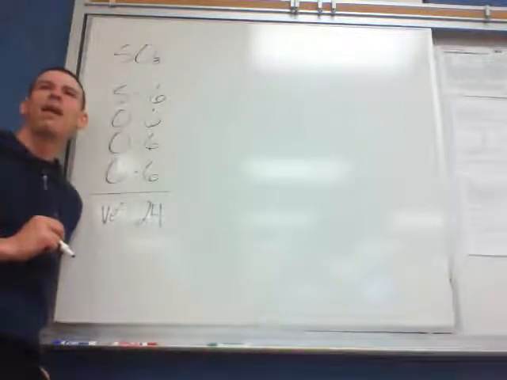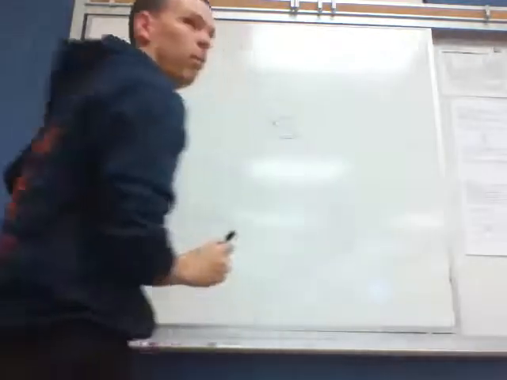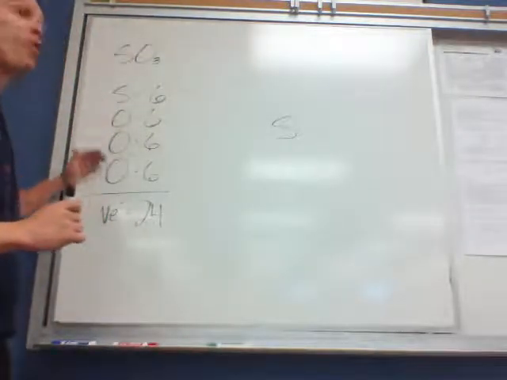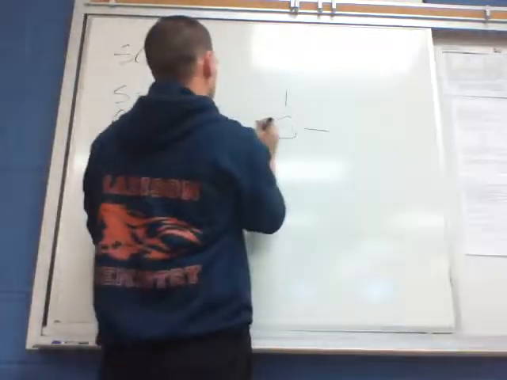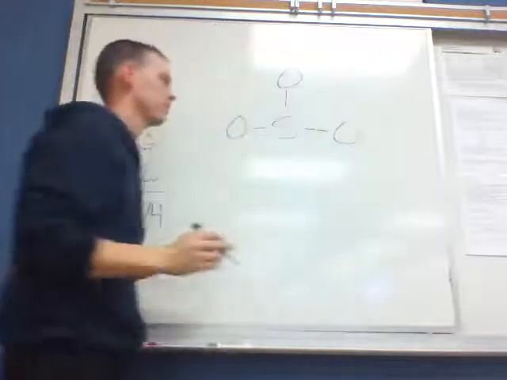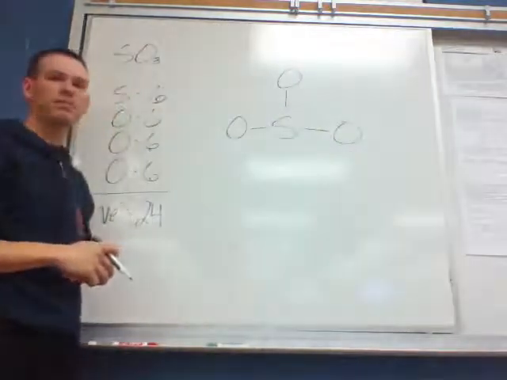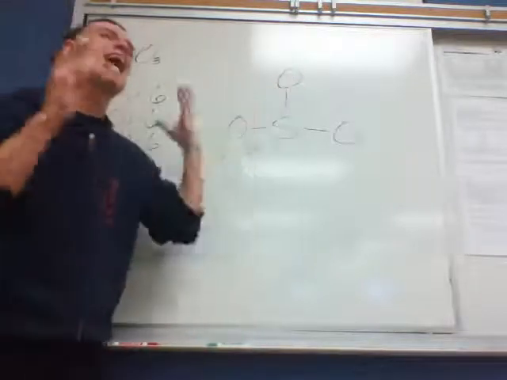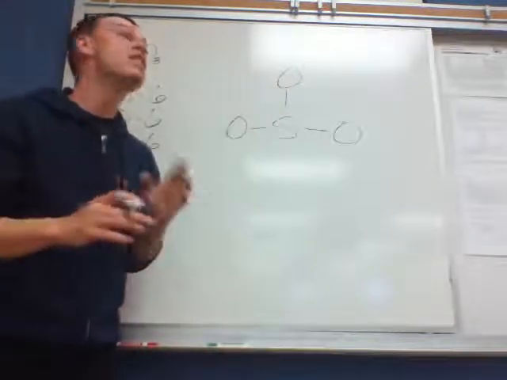What will the central atom be? Sulfur. There's less sulfur, so I'm going to put him in the middle. There's only one of him. And then you bond all the leftover stuff to him using single bonds. Is anything happy right now?